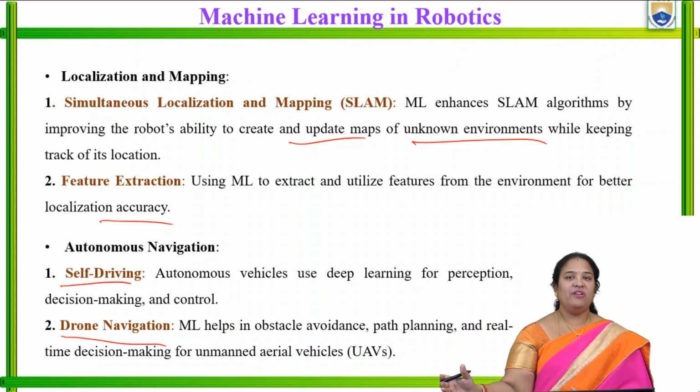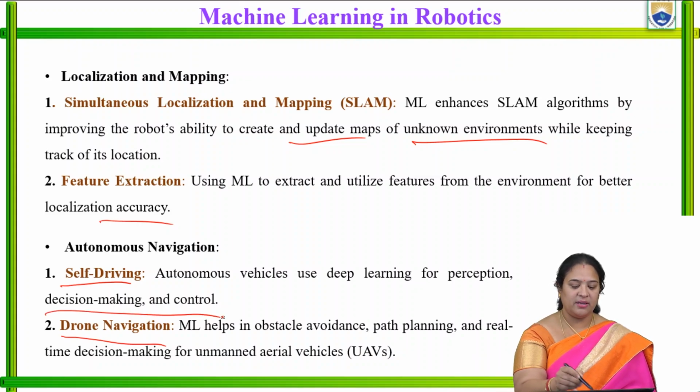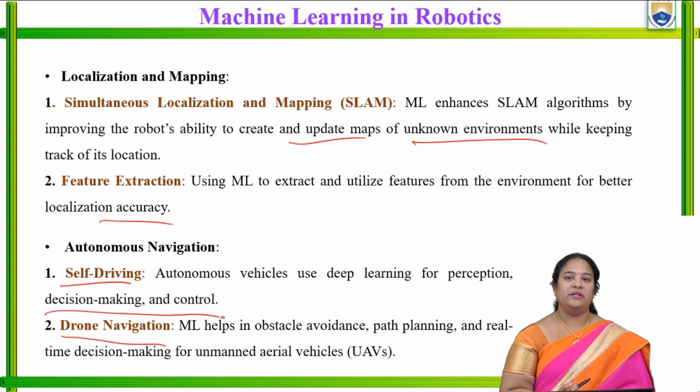Here, when we impart deep learning into this, we can get decision making and control over that robot, right? When we impart deep learning with a proper perspective, we can get a good decision-making robot, and we can also have control over that robot, right?